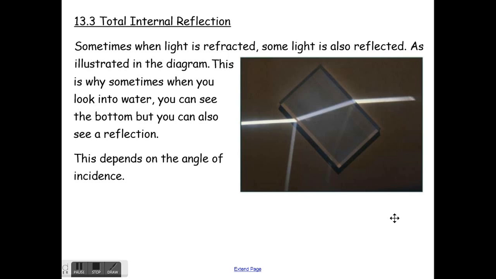You usually have both. And what that depends on is the angle of incidence. The angle of incidence is where the light beam is coming in. Depending on how big that angle is determines how much light is refracted and how much light is reflected. So you can have both things at once, but depending on where you are, you can have one or the other.